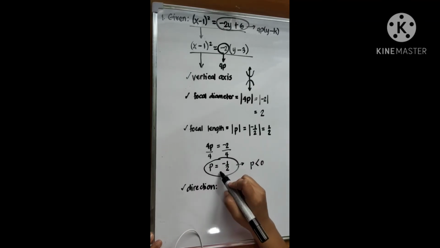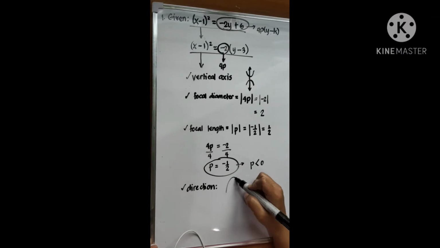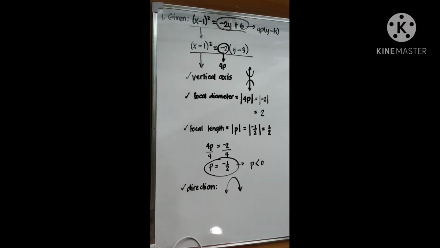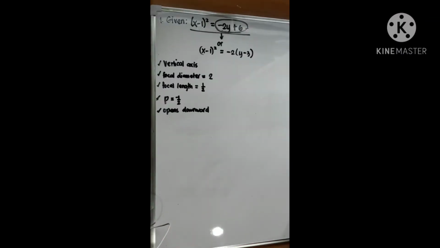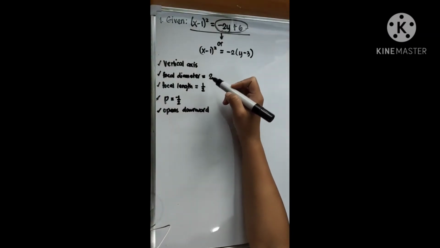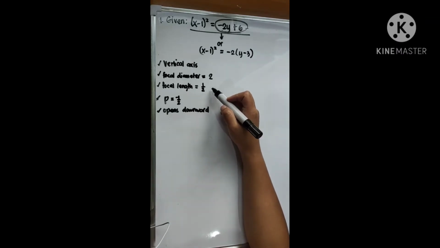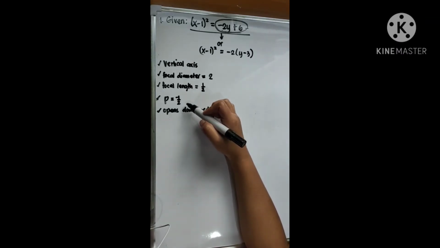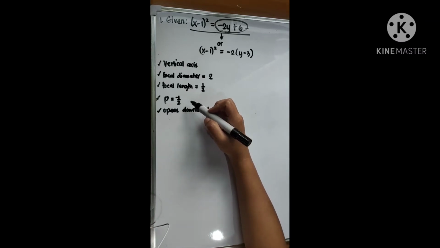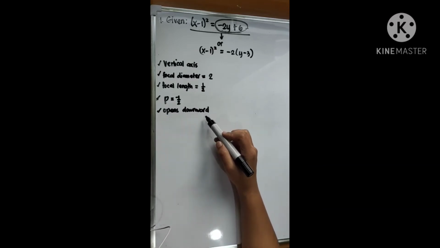And since p here is a negative number, which is negative 1/2, which means it is less than 0, therefore our parabola opens downward. So now we are done identifying that our parabola has a vertical axis. Its focal diameter is equal to 2, focal length is equal to 1/2, its p is equal to negative 1/2, and since p is a negative number, our parabola opens downward.